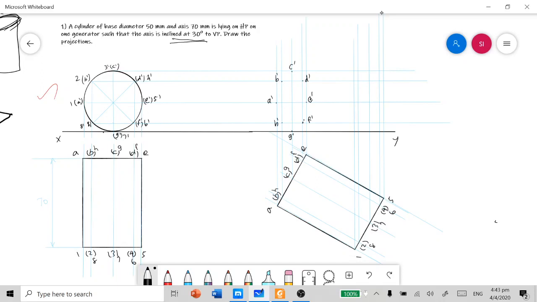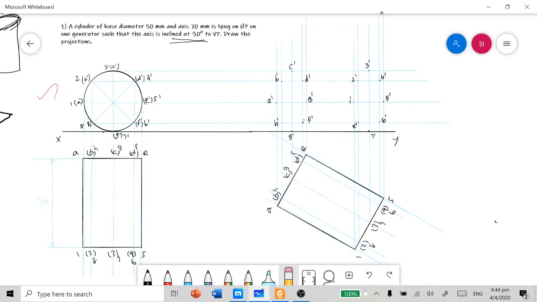The same way for the face, 1 dash, 2 dash, 3 dash, 4 dash, 5 dash, 6 dash, 7 dash, and 8 dash.